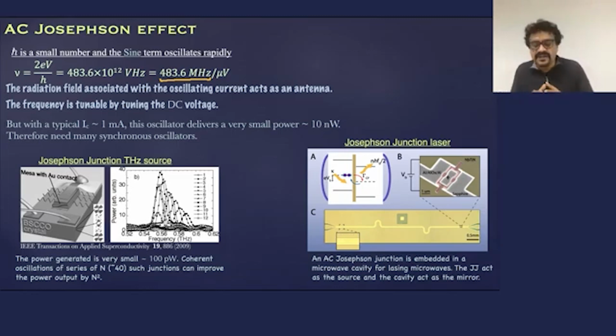So what you got here is a very, very interesting situation where you can apply very small voltage across this junction and you can get a very high frequency. And not only that, it's a linearly tunable frequency source, okay, which actually can reach even terahertz range, okay.